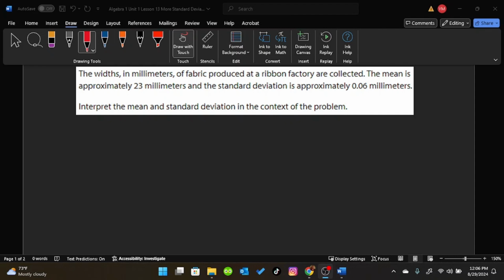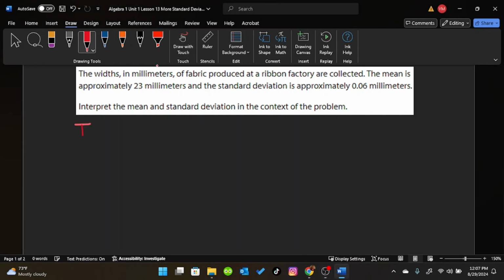The widths in millimeters of fabric produced at a ribbon factory are collected. The mean is approximately 23 millimeters, and the standard deviation is approximately 0.06 millimeters. Interpret the mean and standard deviation in the context of the problem. So we are talking about the width of ribbons.